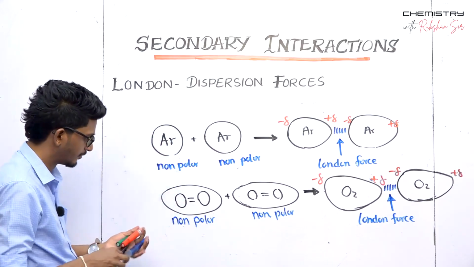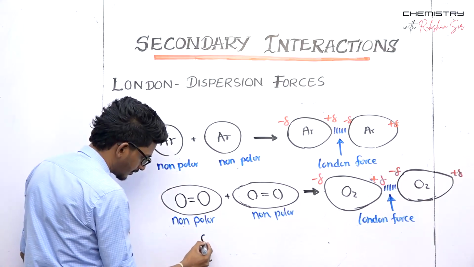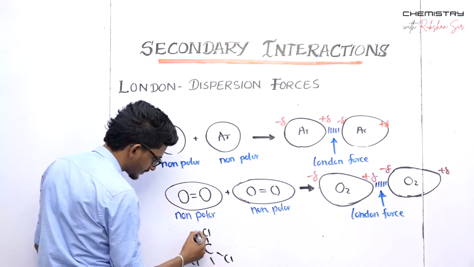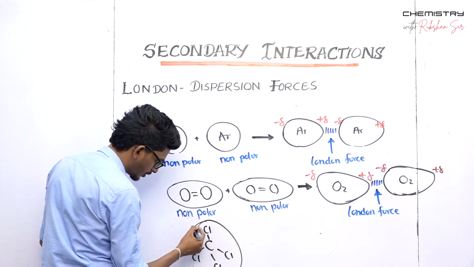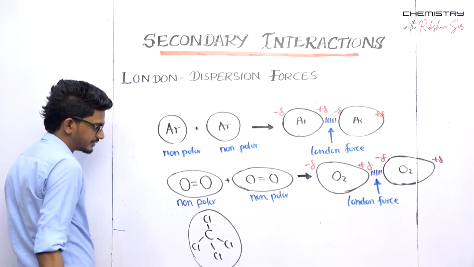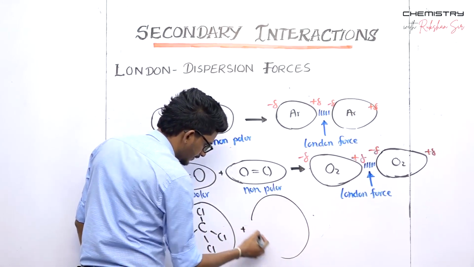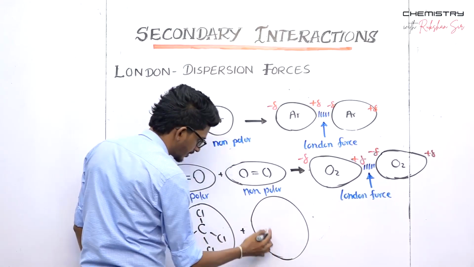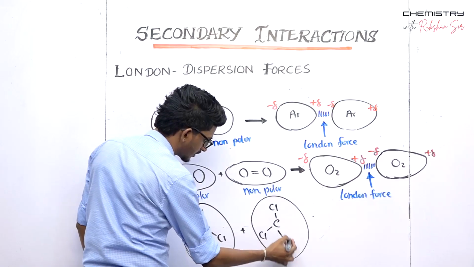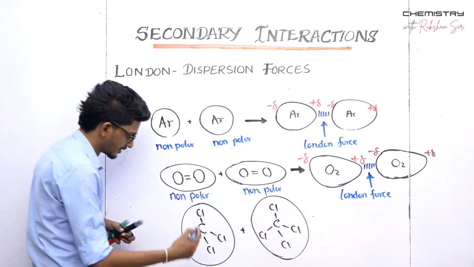If you think of CCl4, CCl4 is a non-polar species, with symmetric electron density. So CCl4 molecules are non-polar. These are perfect shapes, no? The perfect shapes are non-polar.